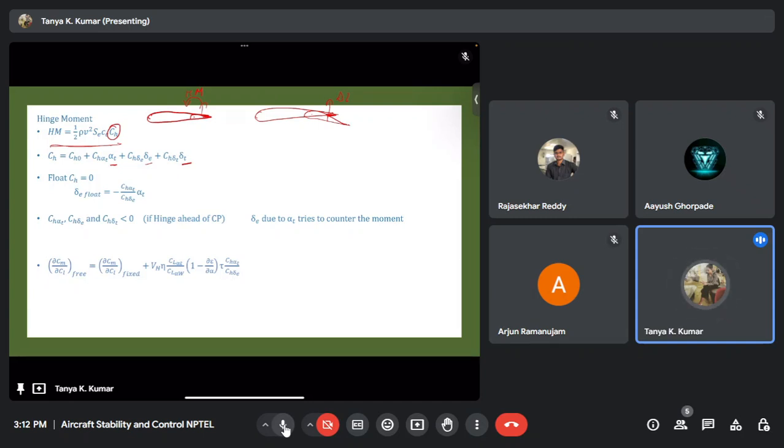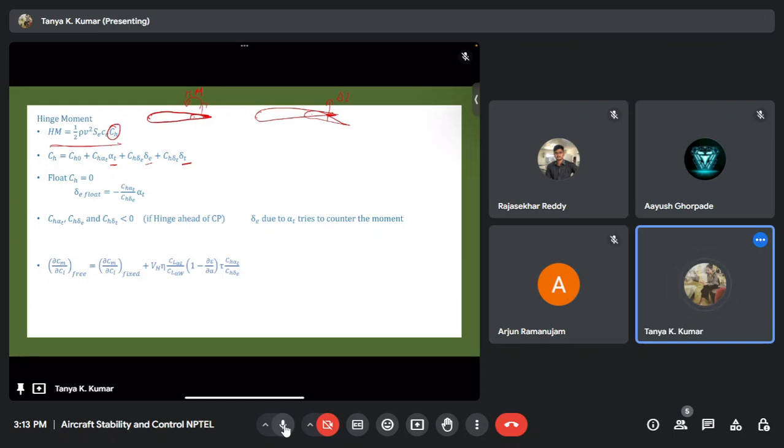What was our convention? According to our convention, downward deflection of elevator is positive.